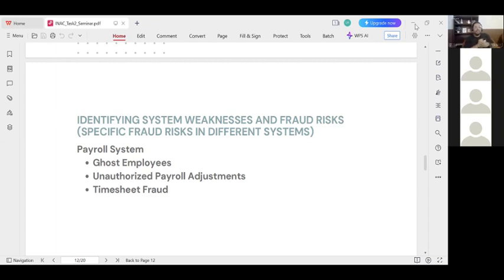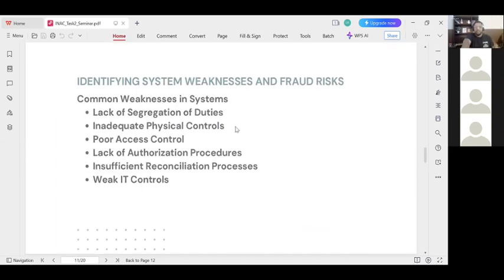Then we talked about the identification of weaknesses, in which we talked about the lack of segregation of duties, inadequate physical controls, poor access control, lack of authorization procedure, insufficient reconciliation processes, and weak IT control systems. So whenever you see anything related to these things, it means you have identified a weakness in any of the systems. It can be true for sales, purchases, payables, receivables, inventory.